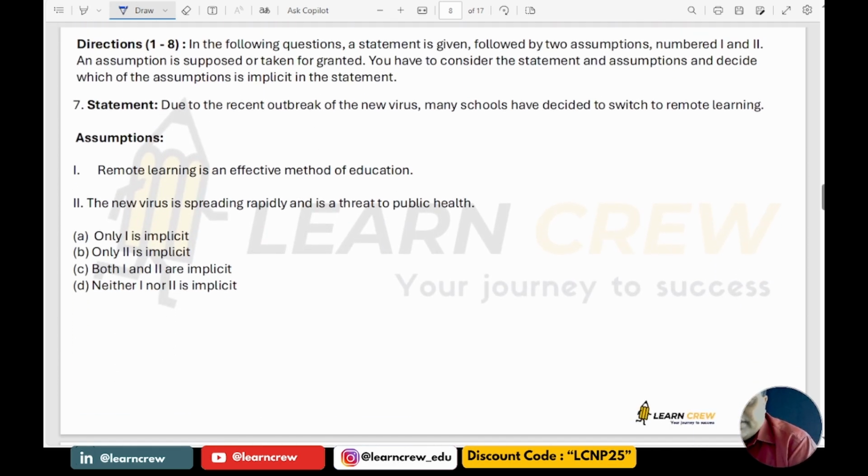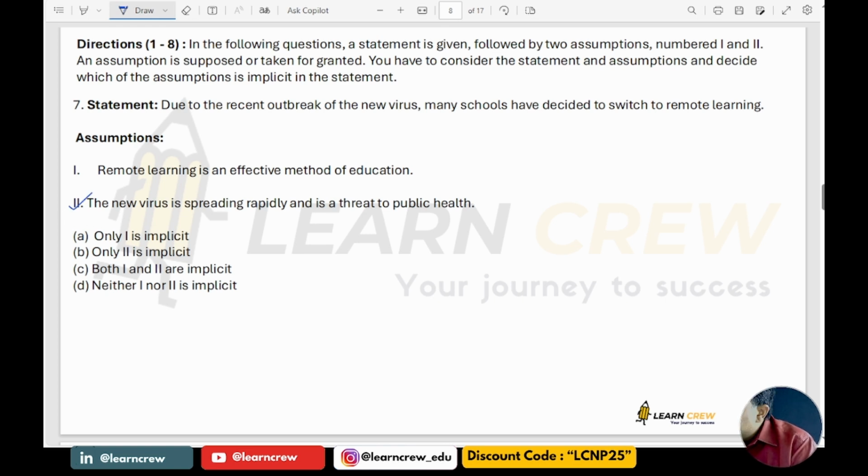Then question number 7. Due to the recent outbreak of a new virus, many schools have decided to switch to remote learning. Assumption 1: remote learning is an effective method of education. Second one: the new virus is spreading rapidly and is a threat to public health.